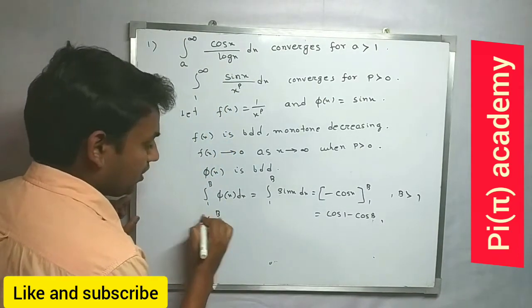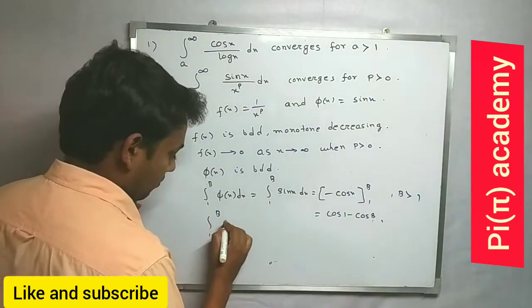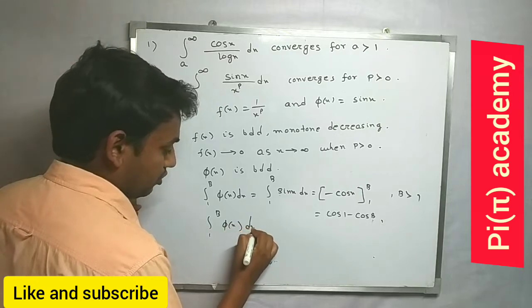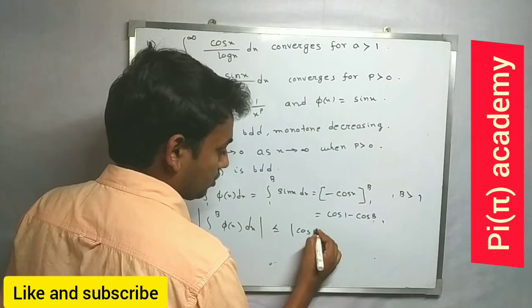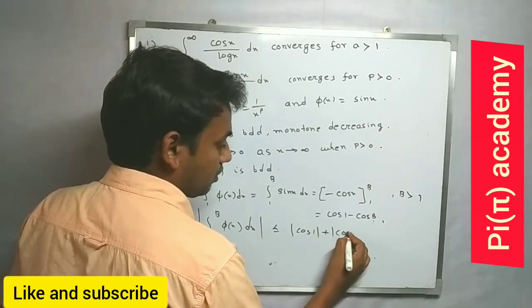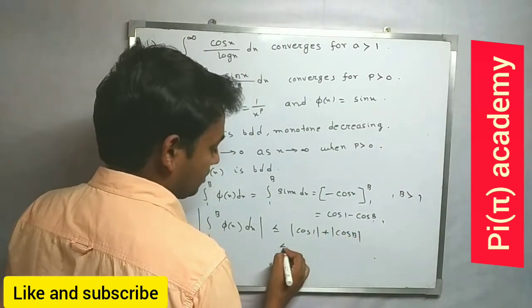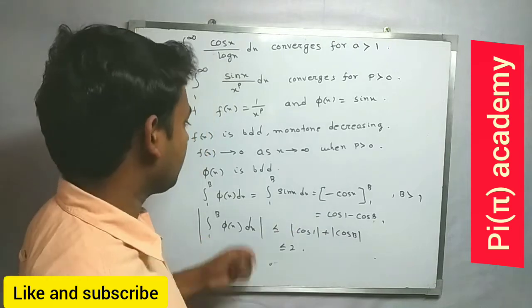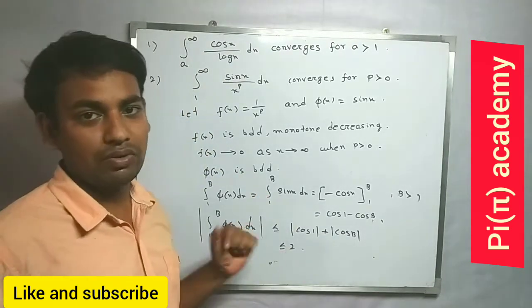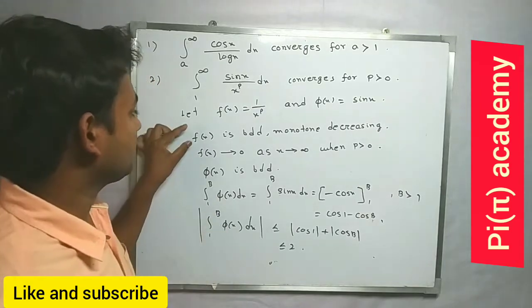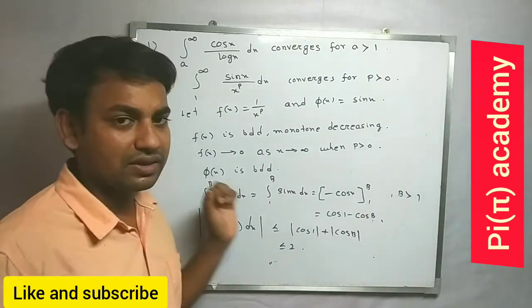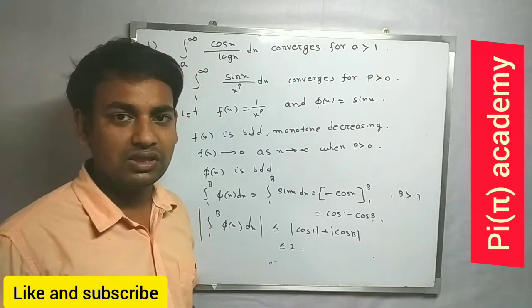The mod of this integral is less than or equal to mod cos 1 plus mod cos b, which is less than or equal to 2. Then we can say phi(x) is also bounded. Now f(x) and phi(x) satisfy all the Dirichlet conditions.